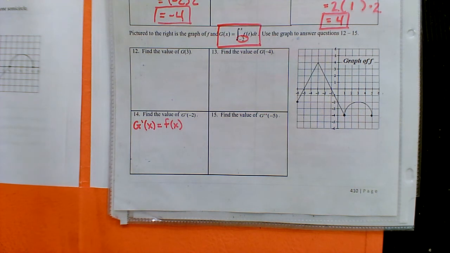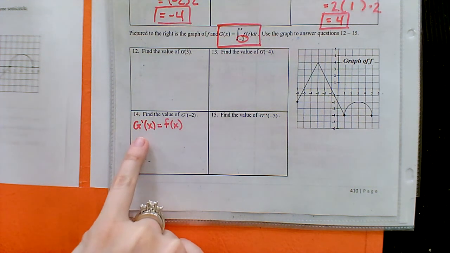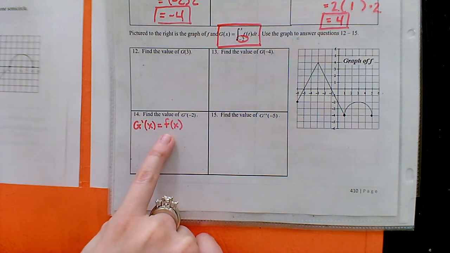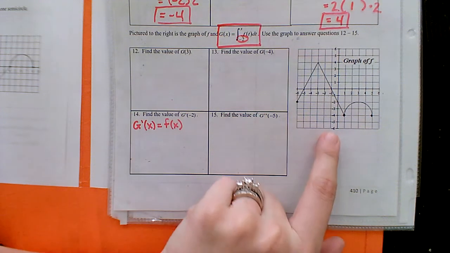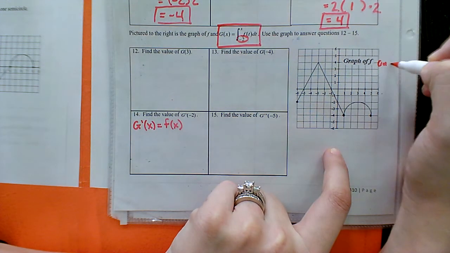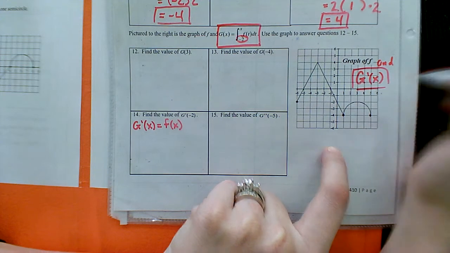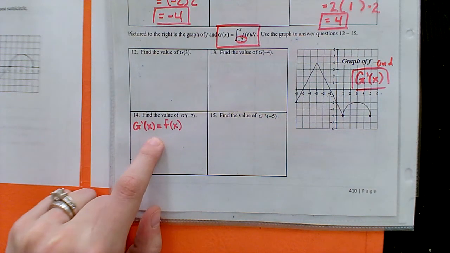So at this point, what we could do is with this statement, notice how we're saying the derivative of capital G is exactly the same as little f. If this is the graph of f, it is also the graph of capital G, because we just said they were the same.